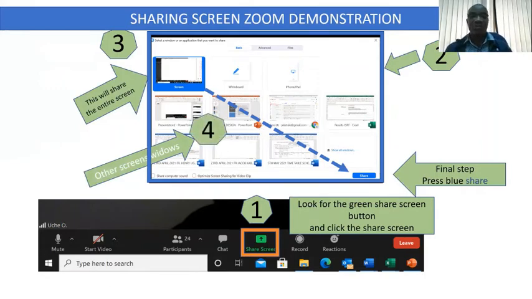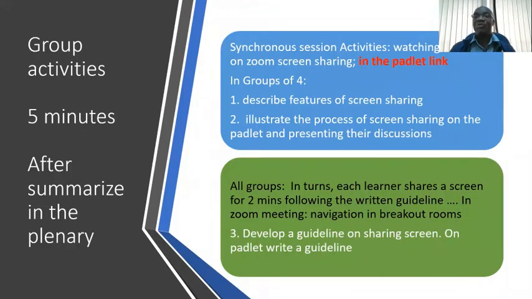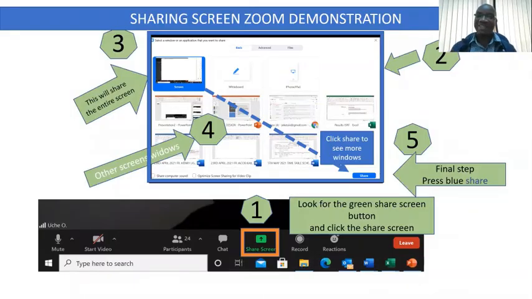So look, and once you've found it, then you click share. And what will happen is then step number 5, you complete by share. You have actually shared your screen. So that is it. That is the process of sharing a screen on Zoom.